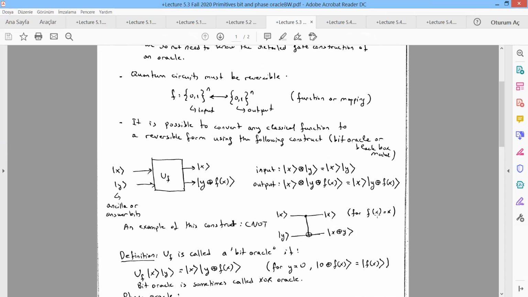For f of x equals x, CNOT can be considered as a bit oracle. So this bit oracle enables us to convert any classical function f of x to be represented as a unitary reversible circuit, like this.